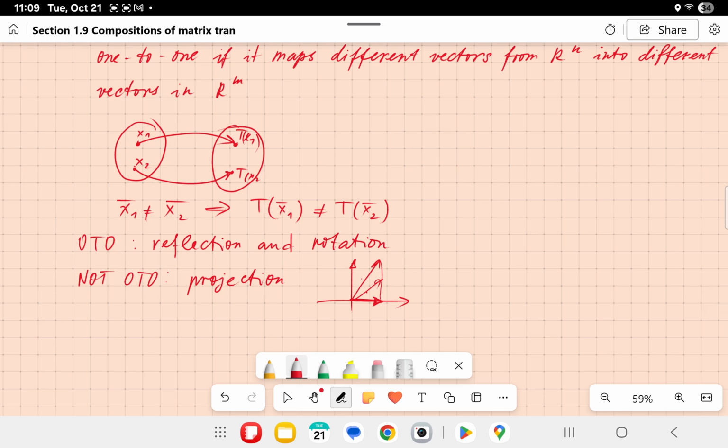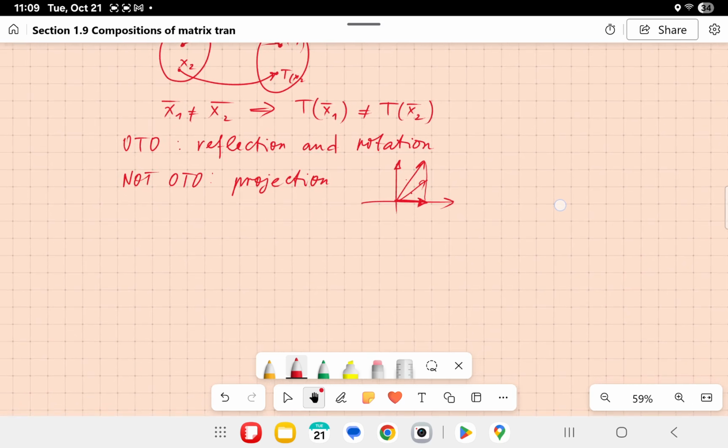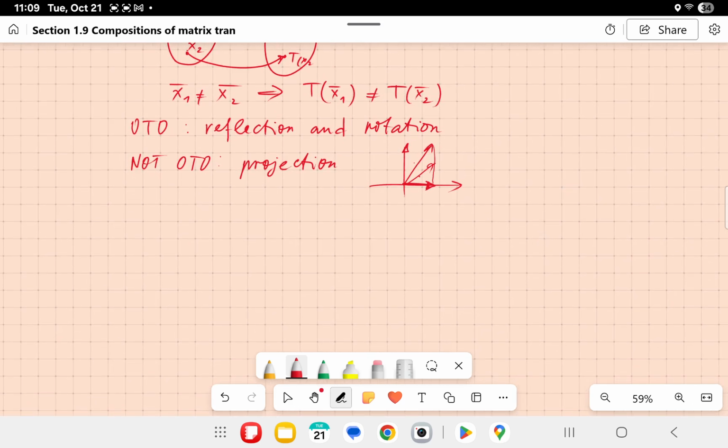Okay, why do we need one-to-one? Well, guys, now imagine that we have a matrix operator definition. If a matrix transformation from Rn to Rm has an invertible A, then we are going to call the transformation TA invertible.